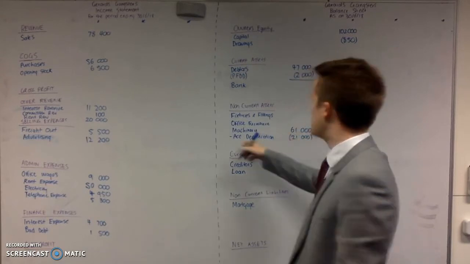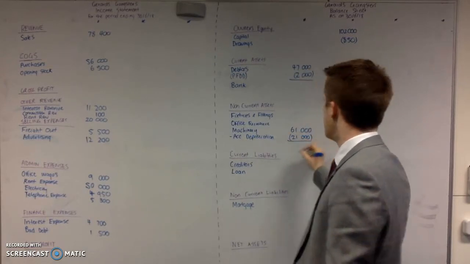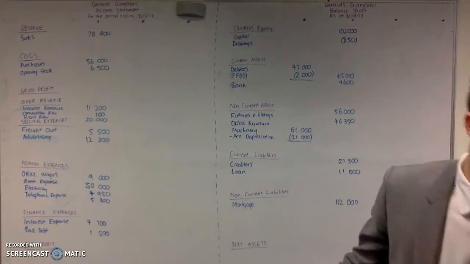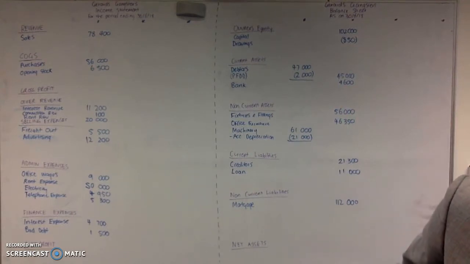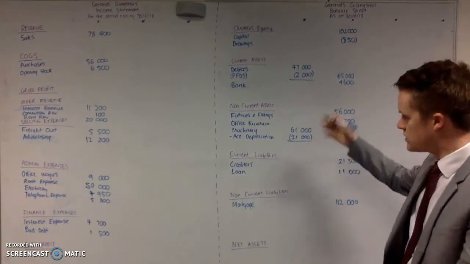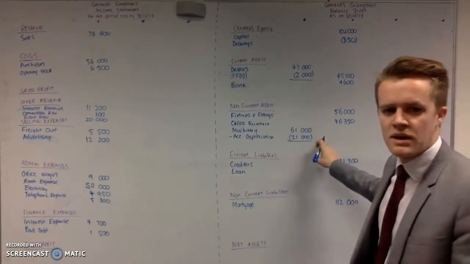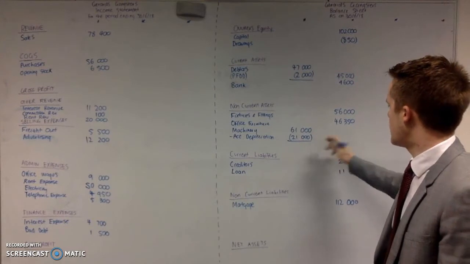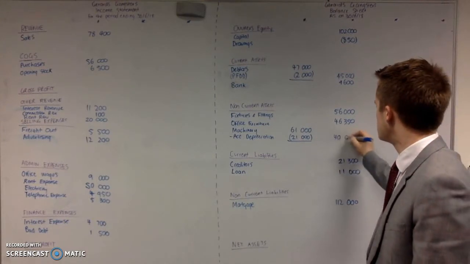Now, we know accumulated depreciation is a negative non-current asset. So this value here, which we have for machinery, minus the accumulated depreciation, will be the net value. Clearly it's going to be $40,000.